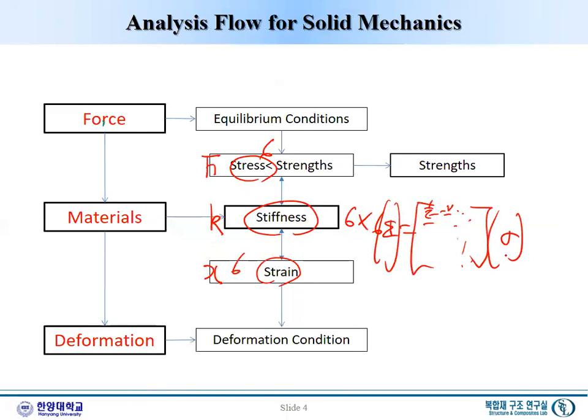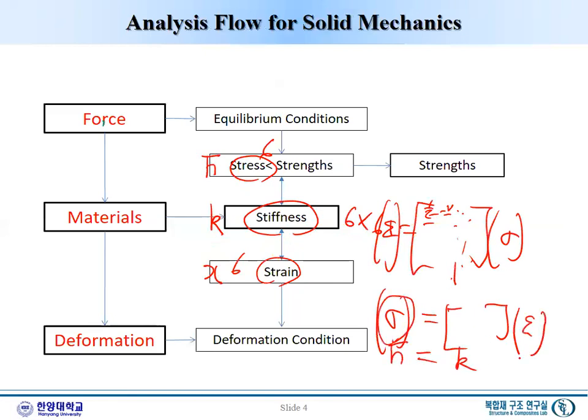Now this one, we can inverse. We can come to a sigma. We can inverse this one. And this is like F, K, and X. So all material has this stiffness, which acts like a spring, and how much deform, and how much force.